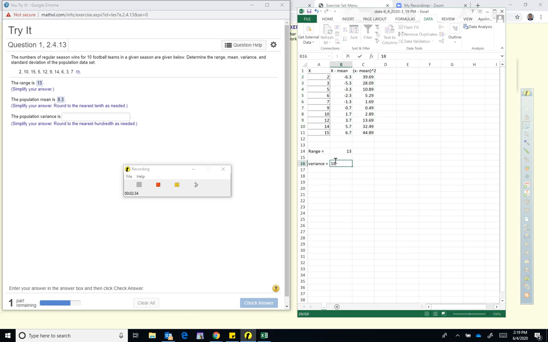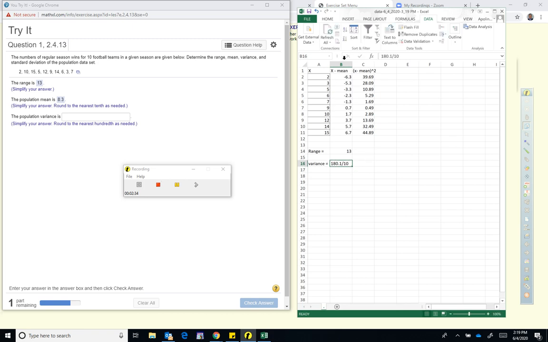So this is 180.1 divided by the total number of values in the data set. And the values are 1, 2, 3, 4, 5, 6, 7, 8, 9, 10. So we divide by 10. And the result, just press enter to get the result, is going to be the variance.